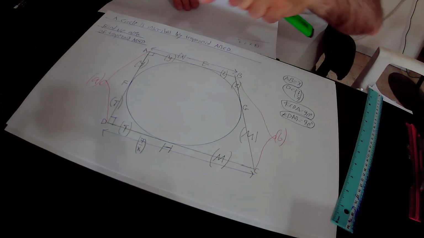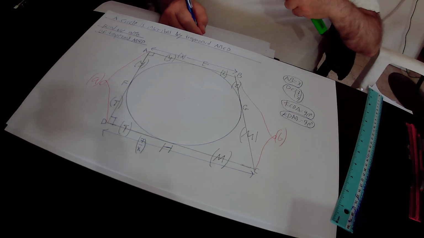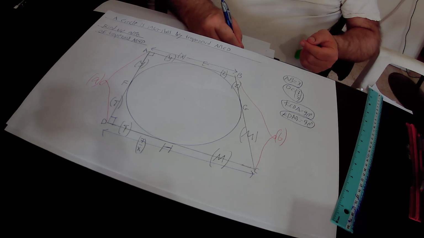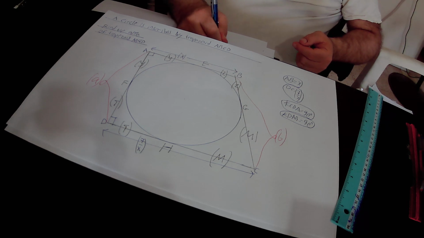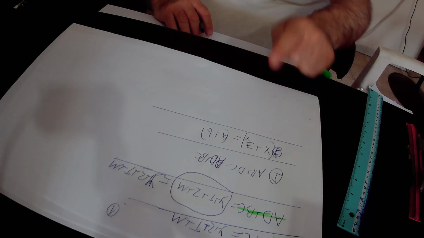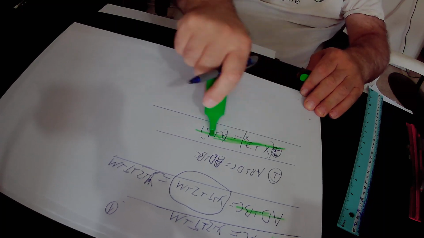AD is A according to our definition, plus BC. BC is B also according to our definition. So in total, according to equation 1, X plus 7 over X equals A plus B.